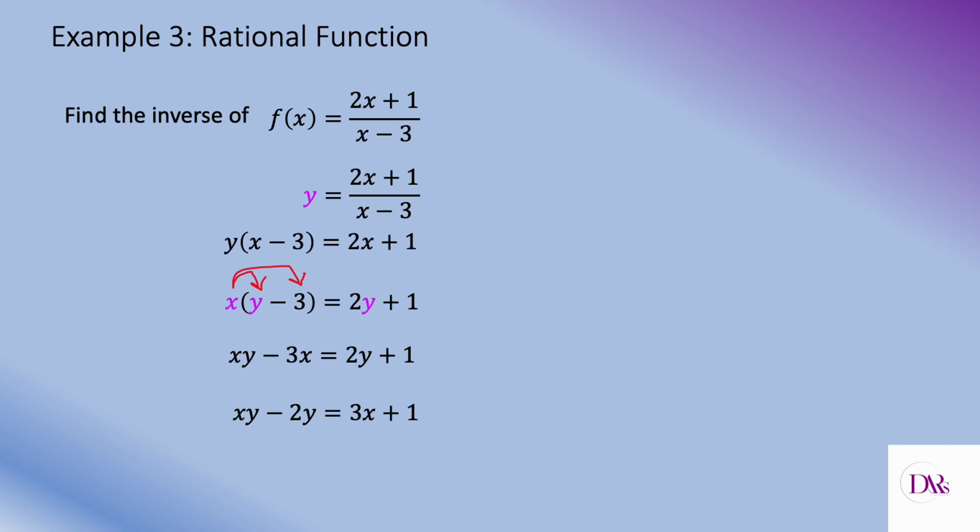Now on the left side of the equation, I notice that y is common to both terms. So I'm going to factor out the y. Once I factor out the y, I'm left with x minus 2 in the parentheses. On the right side, it remains the same. It's still 3x plus 1. Now I'm ready to make y my subject. I will divide both sides by x minus 2.